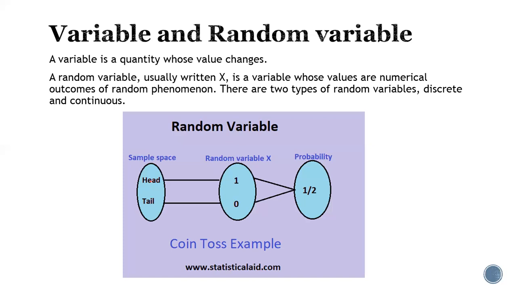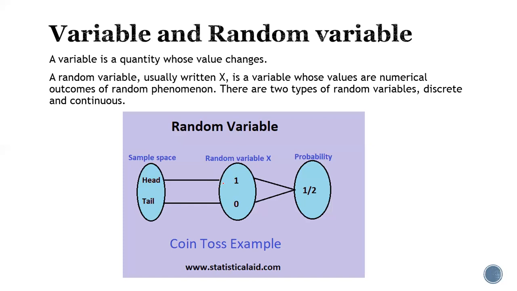The sample space is head or tails, and the random variable takes the outcomes between head or tail.